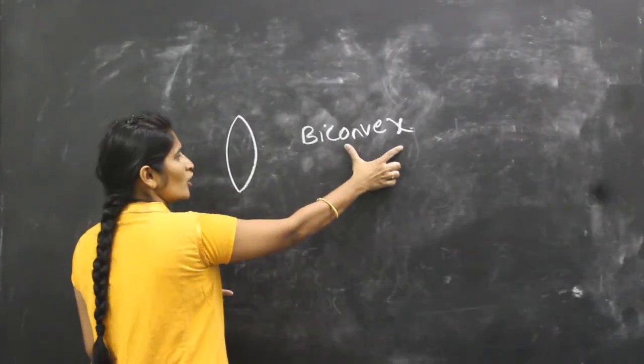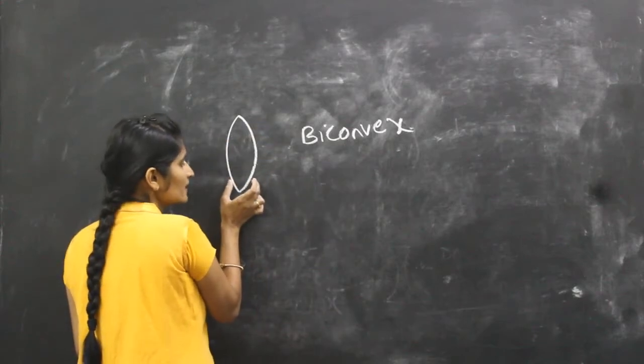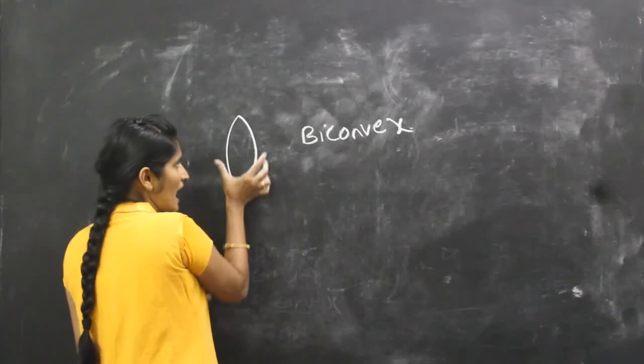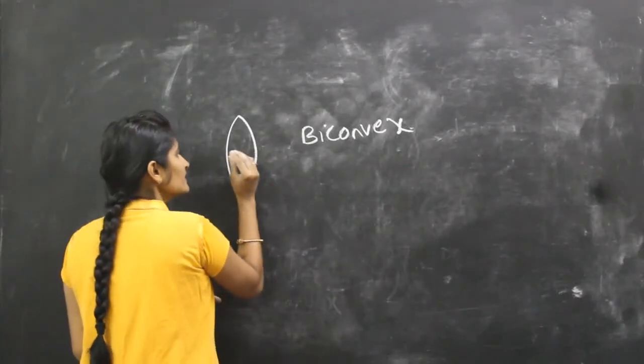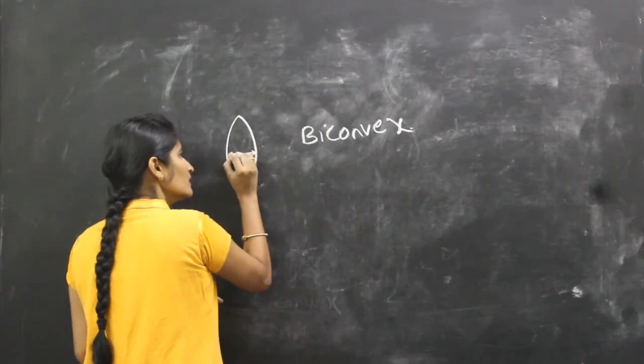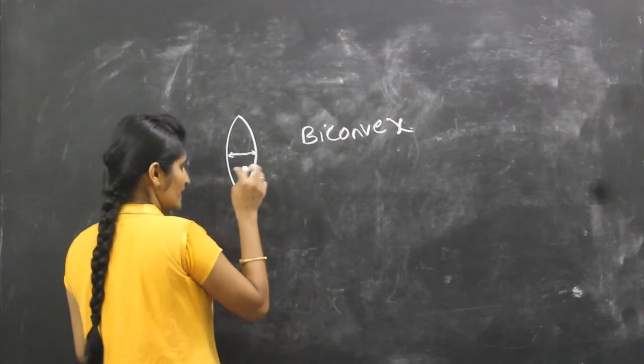Consider a biconvex lens. The thickness of the lens will be thinner at the edges and more at the middle. That means the thickness will be more at the center and less at the edges.